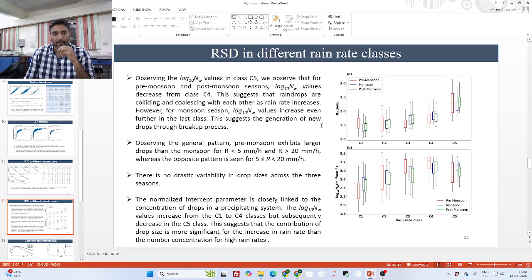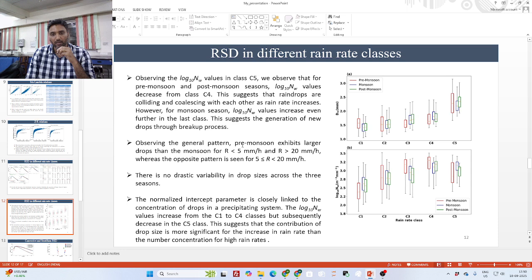This suggests that raindrops are colliding and coalescing as rain rate is increasing. But for the monsoon season, we see an opposite trend, that log Nw values increase while going from C4 to C5. This suggests that as the rain rate is increasing, new drops are getting generated through breakup processes. So this again tells that the breakup process is important during the monsoon season.